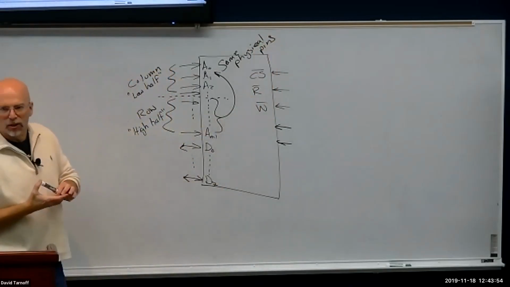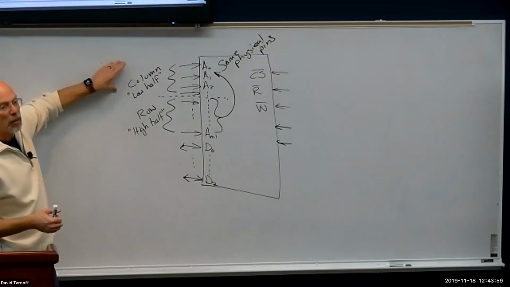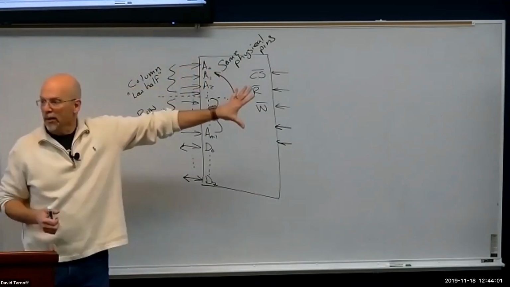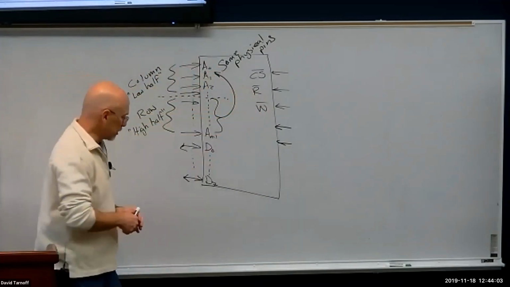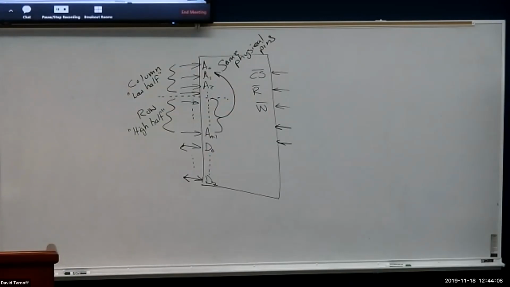And you've got to have a signal, or two signals in this case, that identify whether we're looking at a column or a row for that same set of pins. This drawing is a little bit misleading, so maybe what we'll do is go ahead and open up that handout.